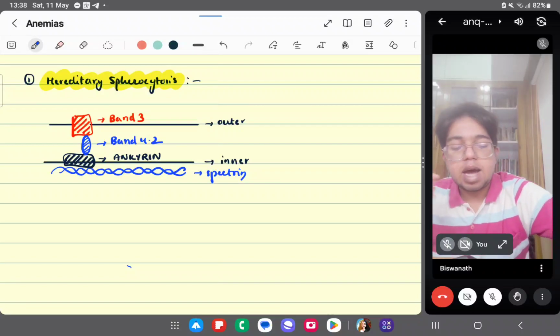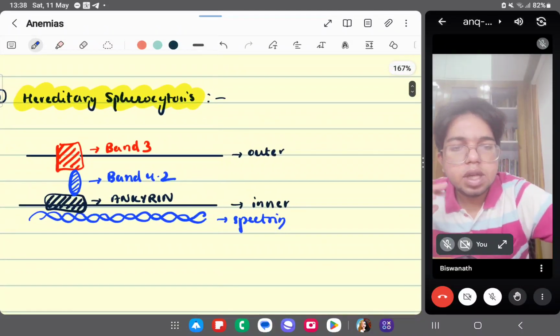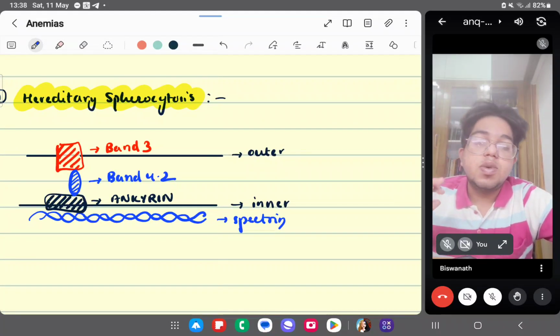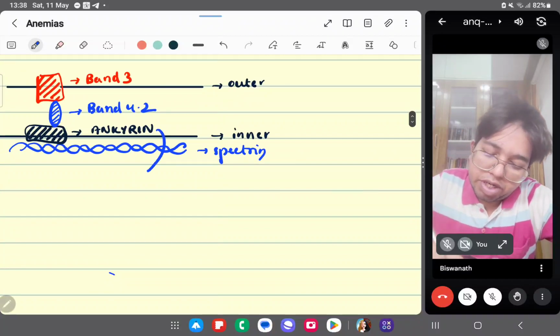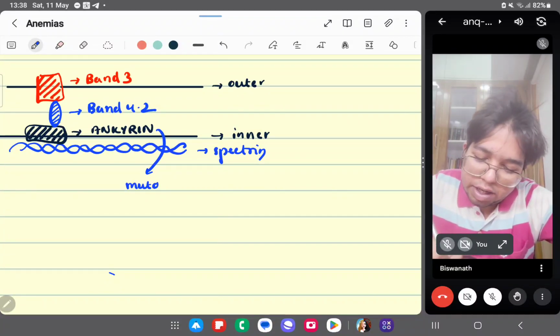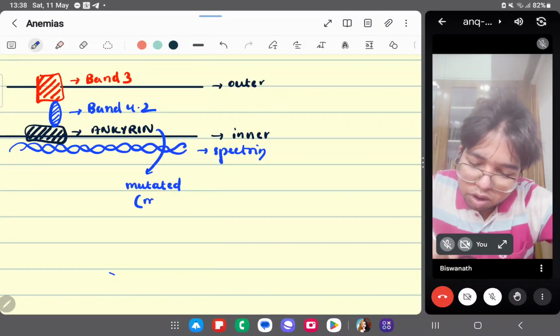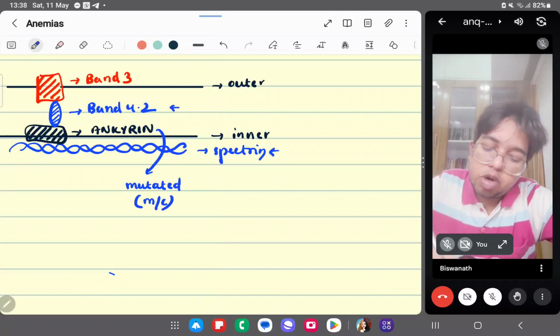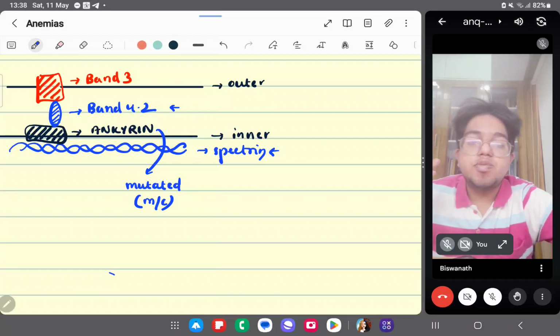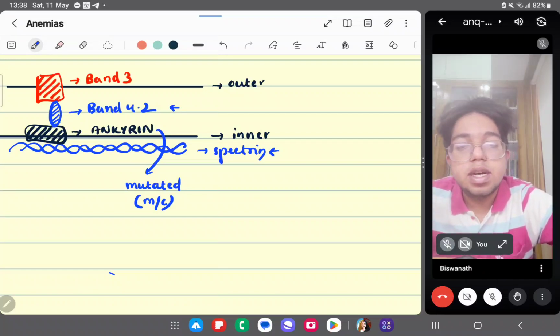These are the RBC membrane proteins. The most common etiology is ankyrin mutation. It can also be a spectrin mutation or a band 4.2 mutation, but the most common is ankyrin.